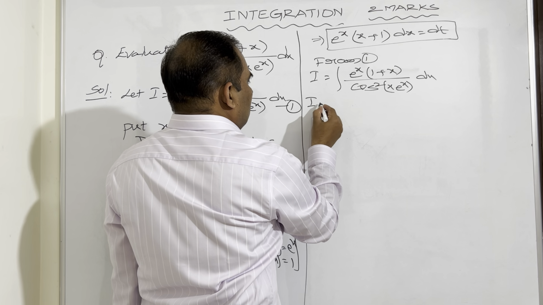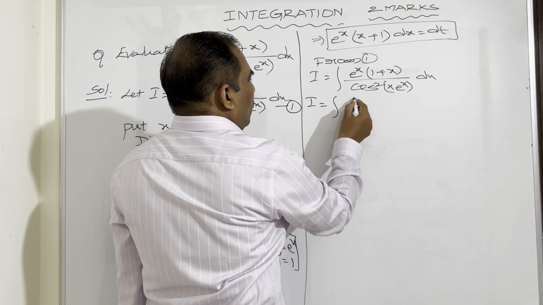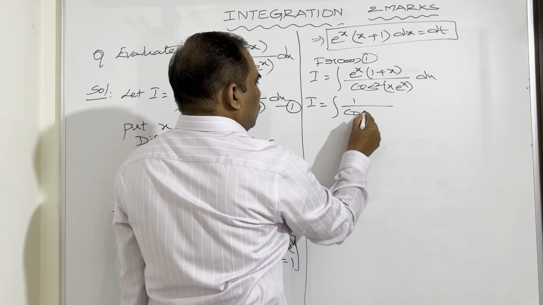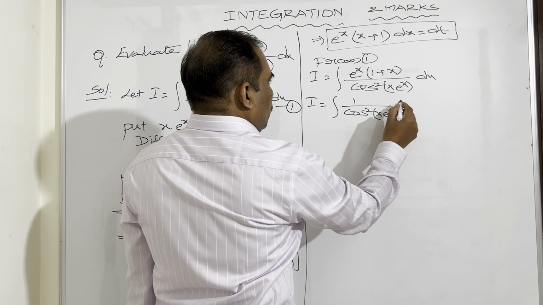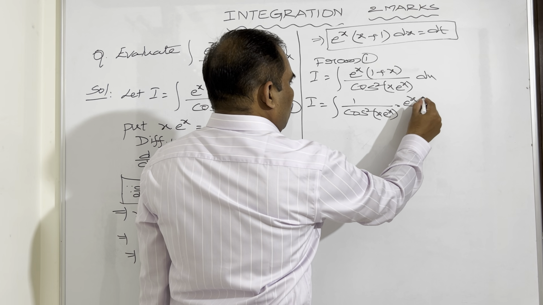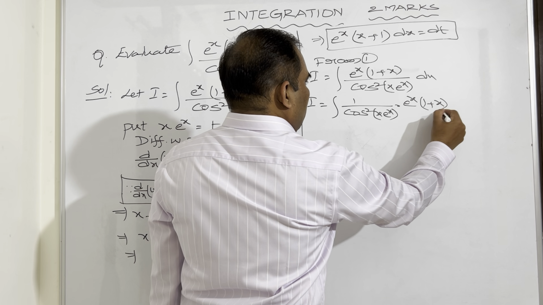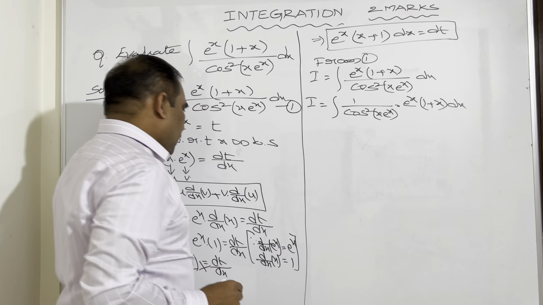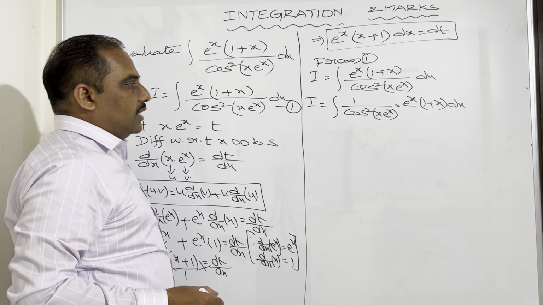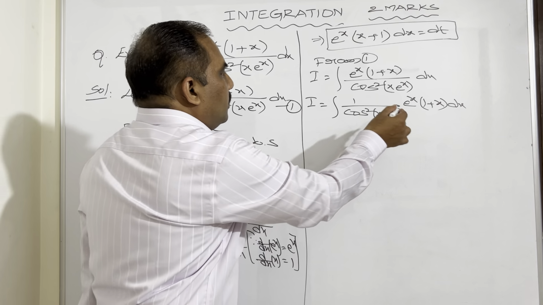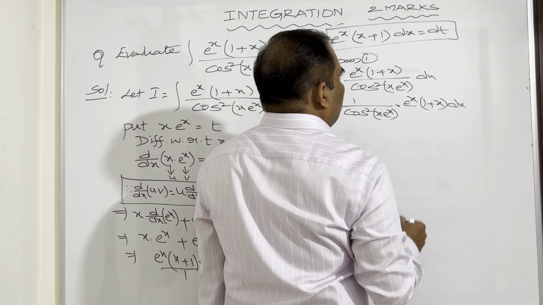So that's why this can also be written as the integral of 1 by cos square of x into e power x, into e power x into (1 plus x) dx.